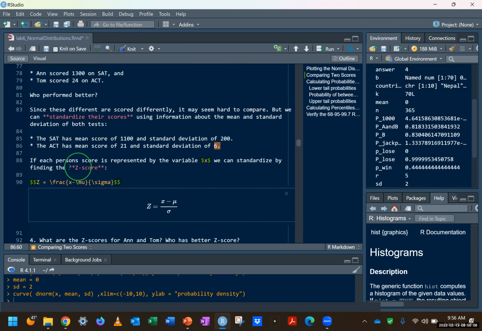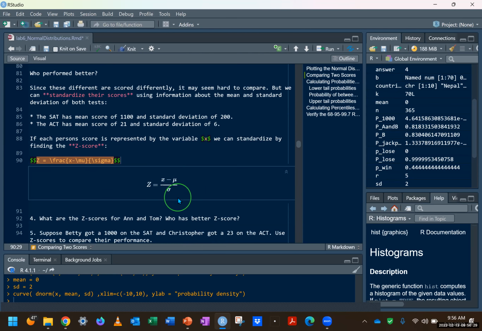The z-score, here's my math equation, you don't need to mess with it, says this is our standardized score that we can compare any two values with. If we take the score itself, that's x, minus the mean, and then divide by the standard deviation, we have a comparison that we can make between the two scores.